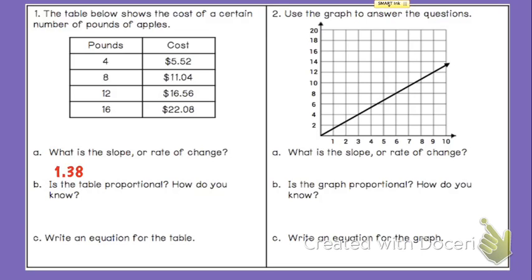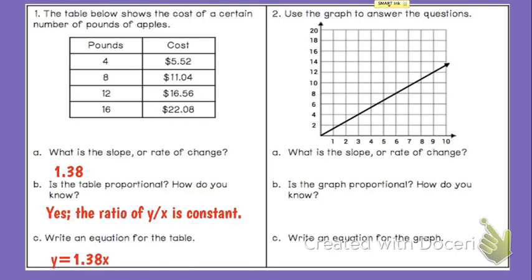Well, I found that by simply doing the process of unit rate like you did in the 7th grade, where I divided 4 into $5.52, and it came up with $1.38. Is the table proportional? How do you know? Yes, because the ratio of x over y is constant. And write an equation for the table. It would be y equals 1.38x.